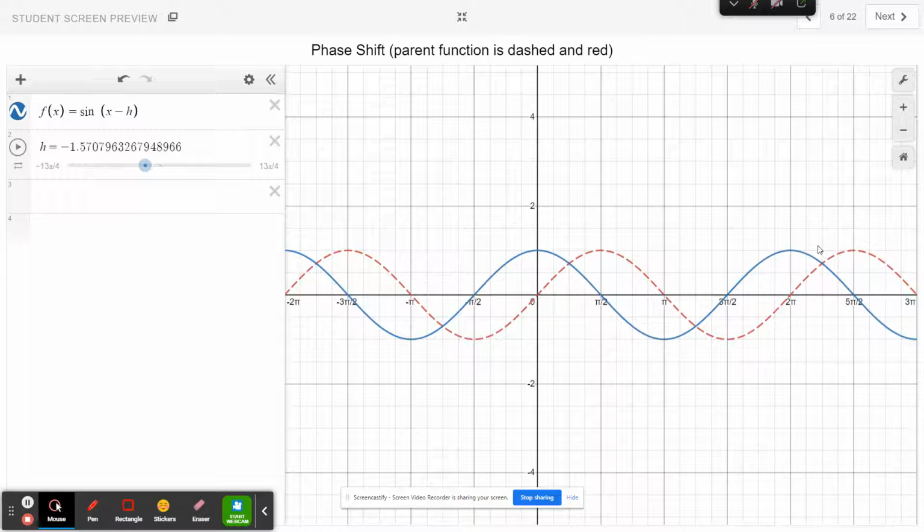It's the same graph either way. You can tell right here I moved it to the left a half a pi, but that would be the same as if I moved it to the right 3 pi halves. The same graph can be written a lot of different ways.